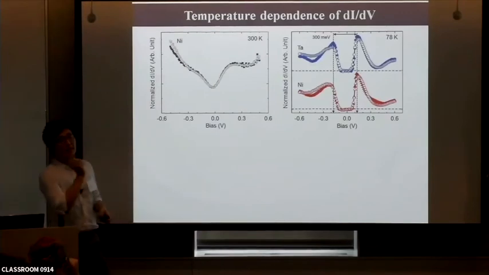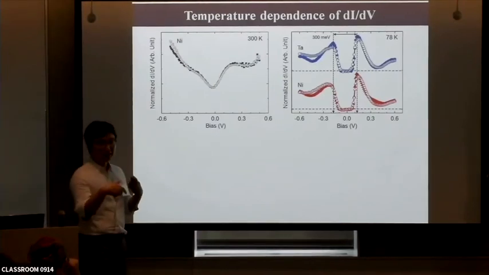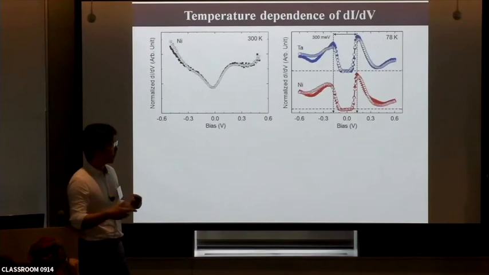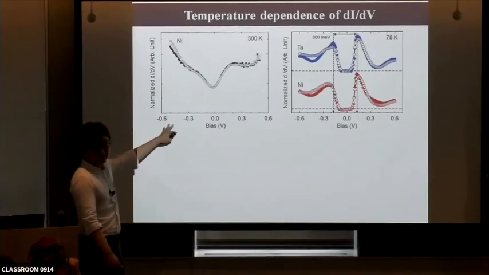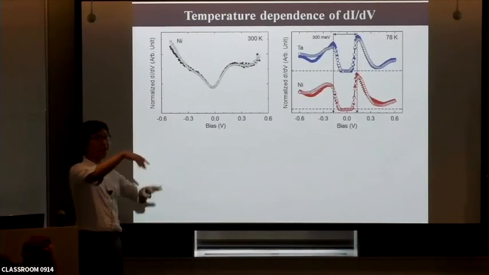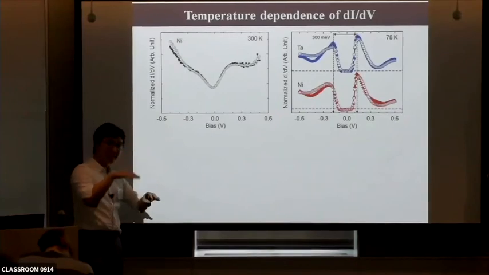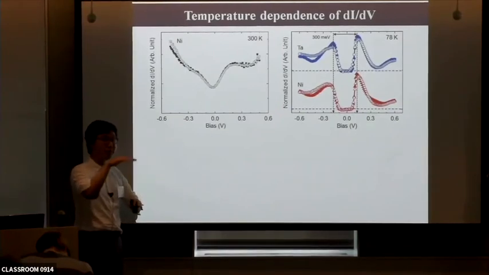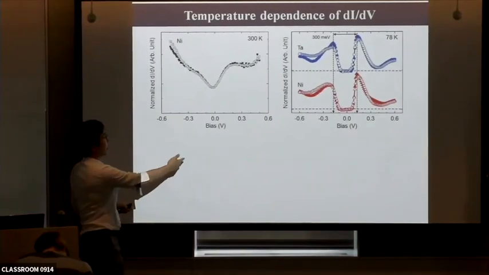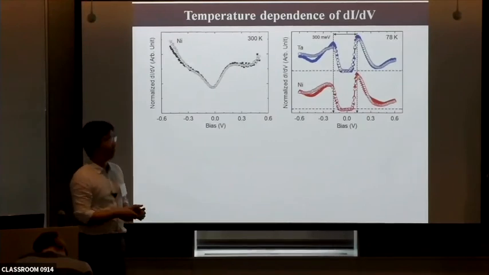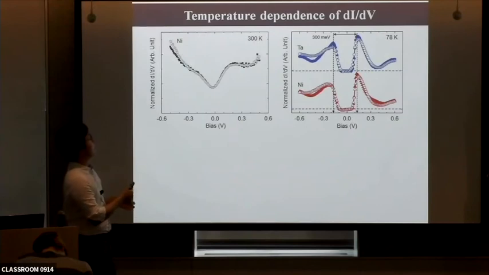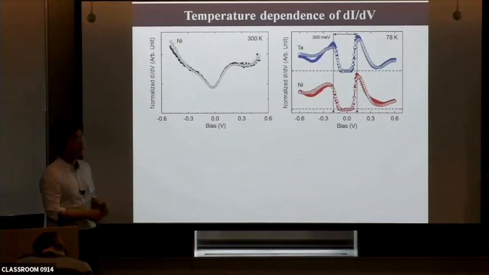But in this study, I'd like to argue that the STS measurement observed the band character inversion, and this band character inversion is only explained when we consider the normal phase as the semi-metallic phase. So this is another evidence of the semi-metallic high temperature phase.